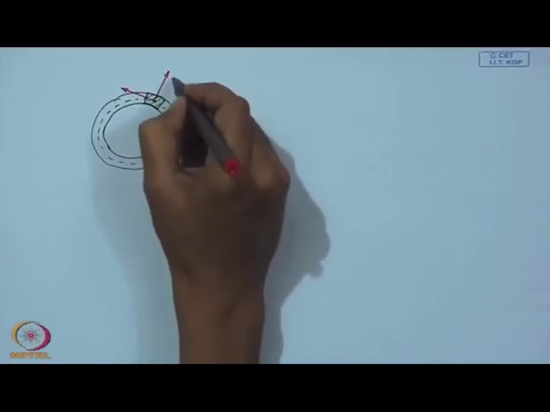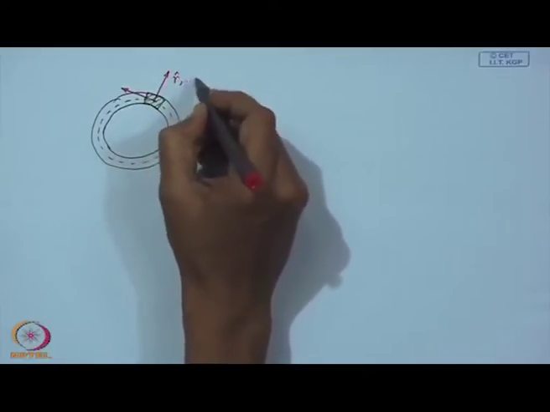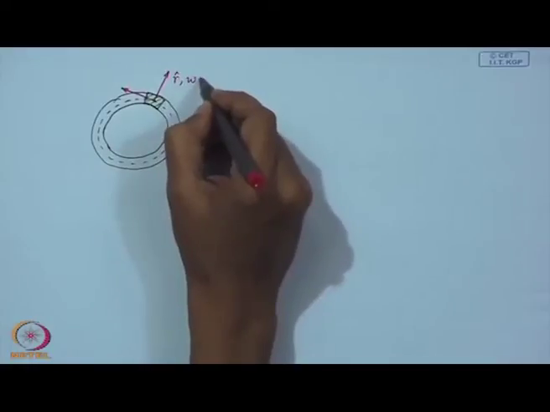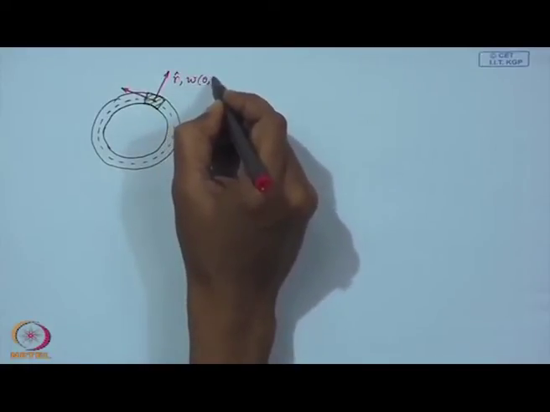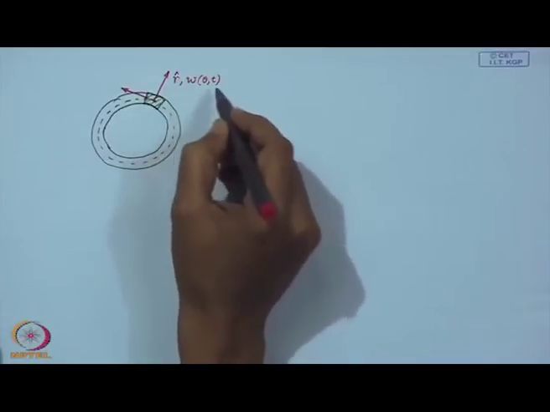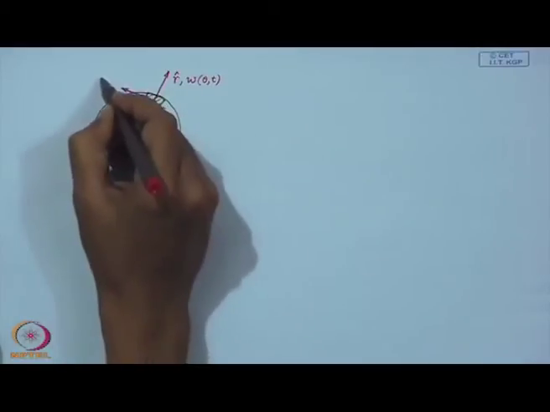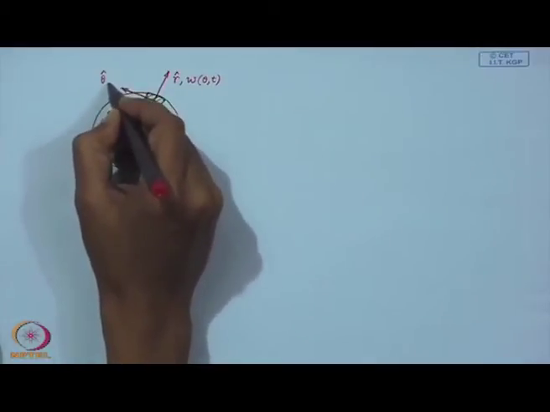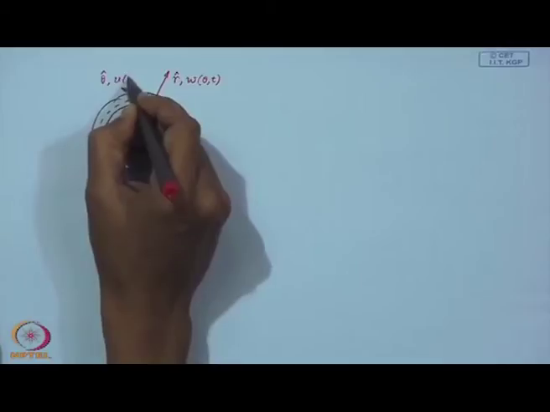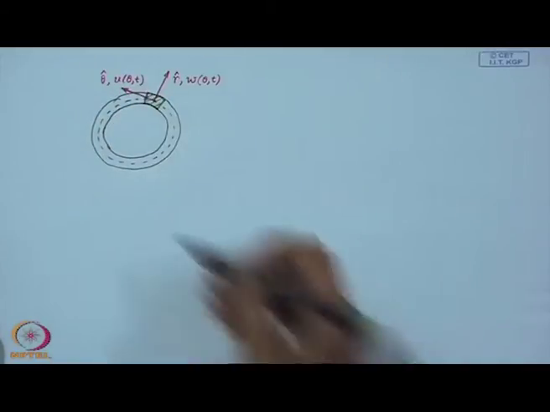This is the radial direction and the field variable will be indicated by w(theta, t), and this is the theta direction.